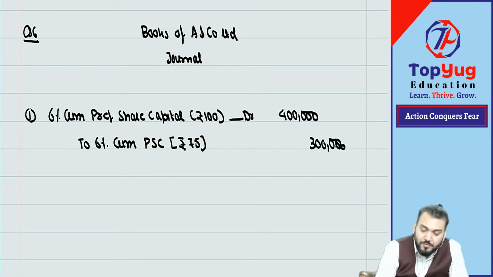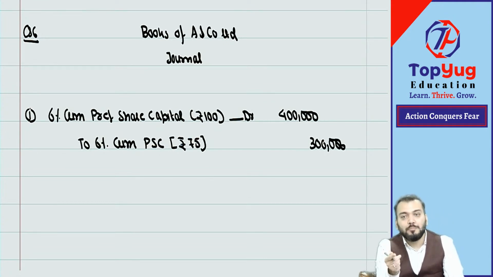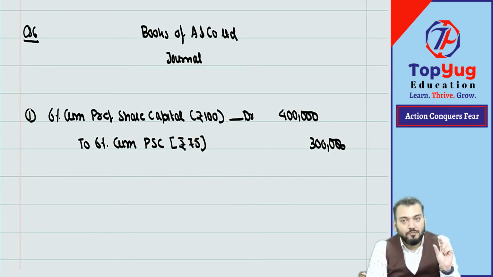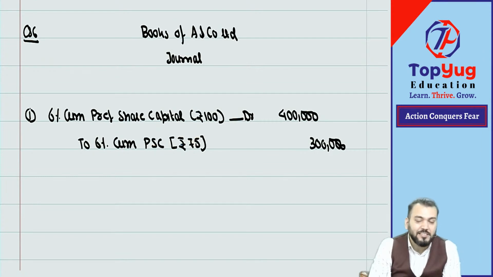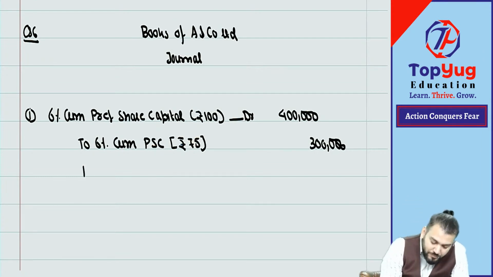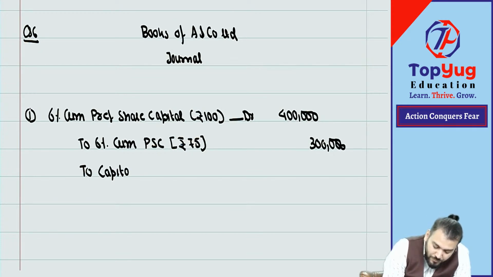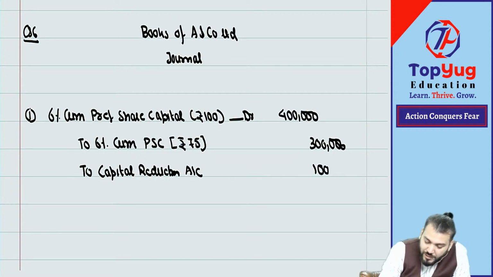The paid up capital goes from 4 lakh to 3 lakh. So the difference is 1 lakh, which is a gain. The gain will be transferred to the capital reduction account. Have you understood? Those who are new, capital reduction account. Yes sir, we are understanding.